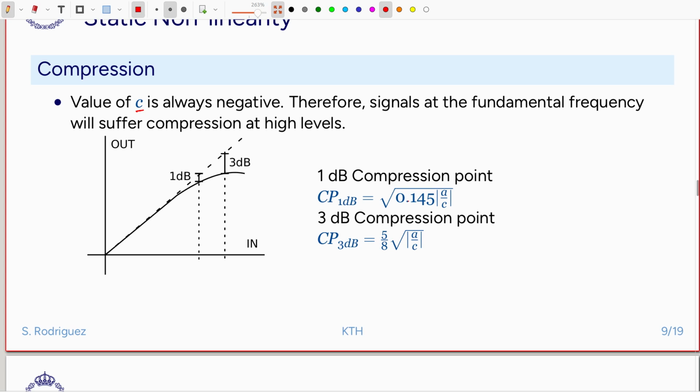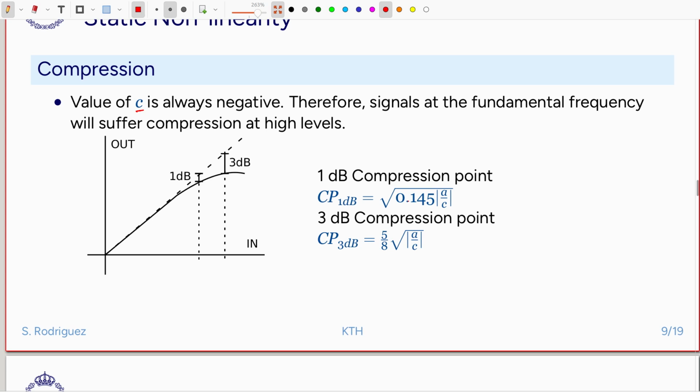So what does this 1 dB or 3 dB compression point tell us? What is happening here is that the system is basically leaving the weak nonlinearities, and it is becoming very strong nonlinearities. Basically it is starting to clip the signal. So it is a very important figure of merit.